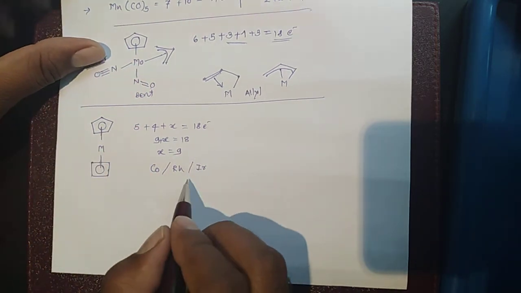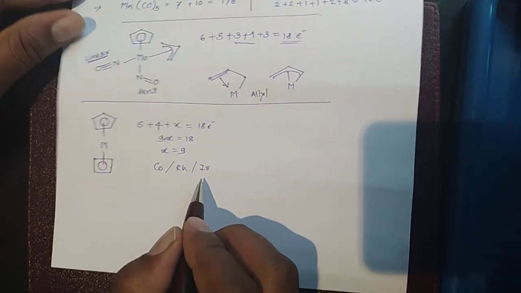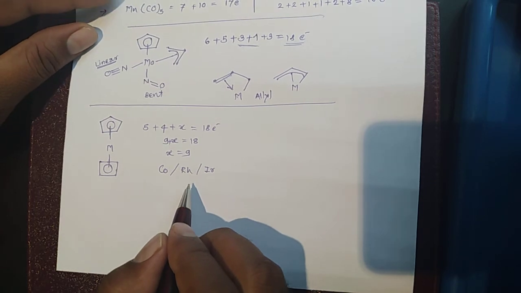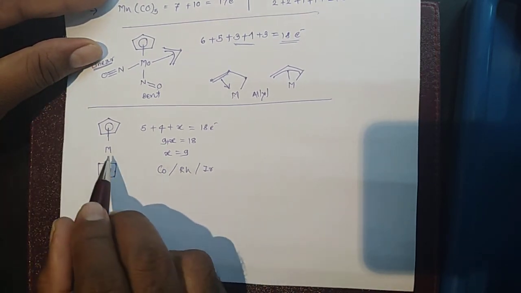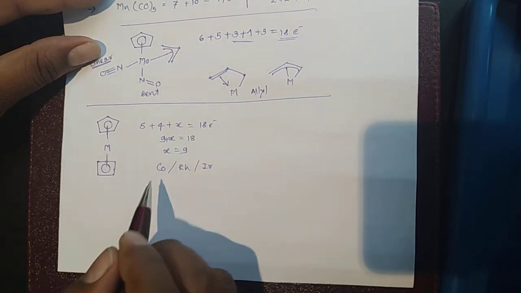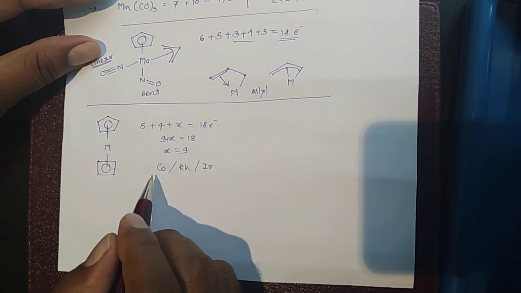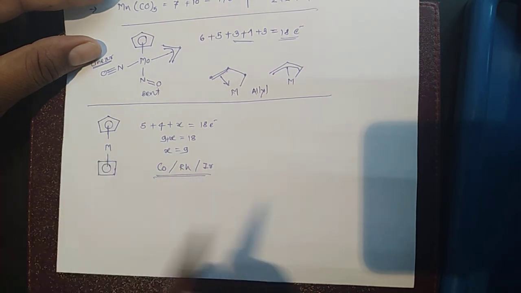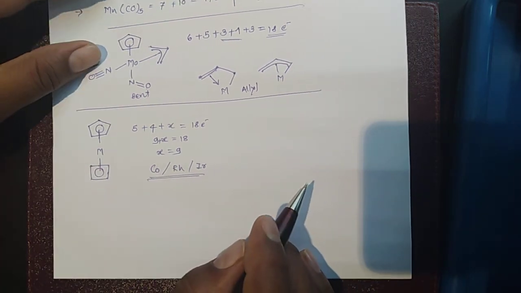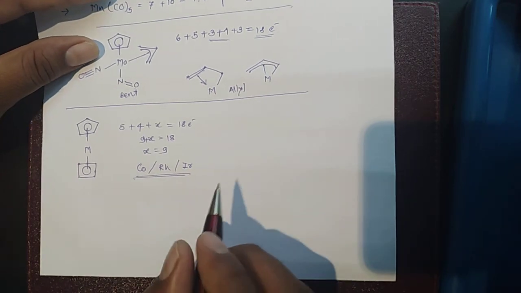Based on our objectives or options, we can decide which metal is there in such a kind of organometallic complex. So any one of these 3 is there. We will see another example like this.